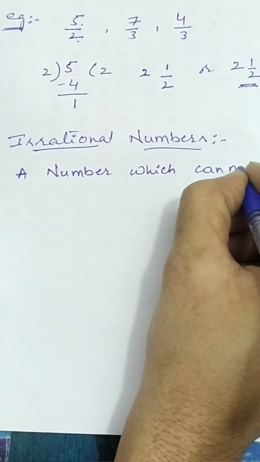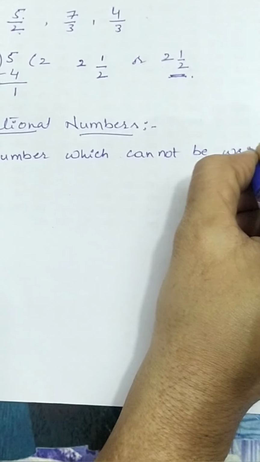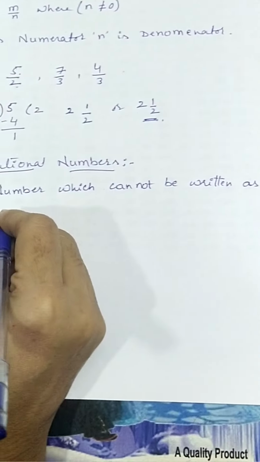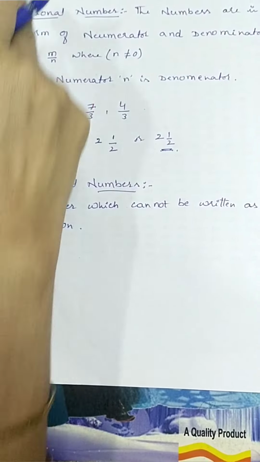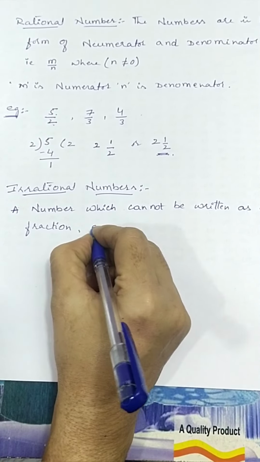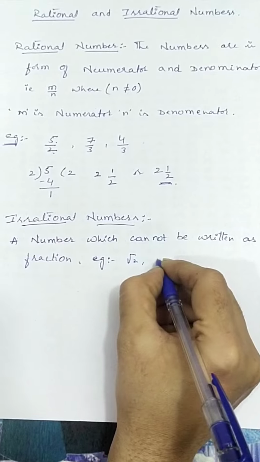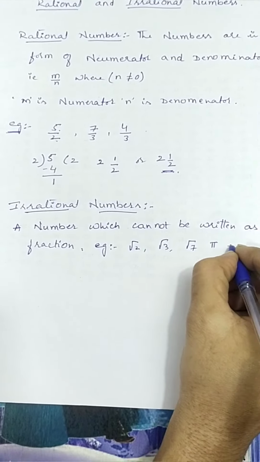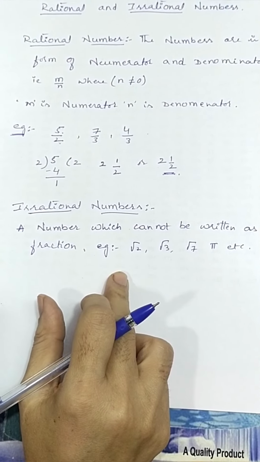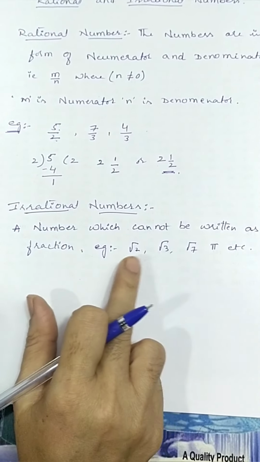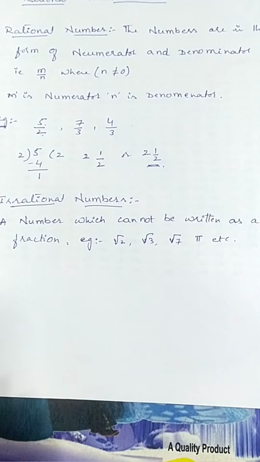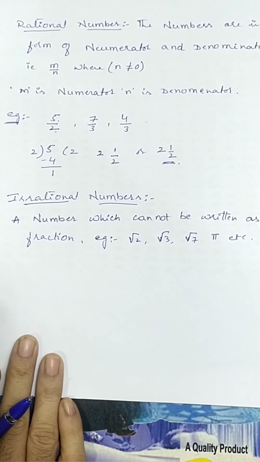Again, fraction means rational number. Examples for this are root 2, root 3, root 7, pi, etc. These numbers are called irrational numbers. Root 2, root 3, root 7, these are all not perfect squares, so such numbers are called irrational numbers.